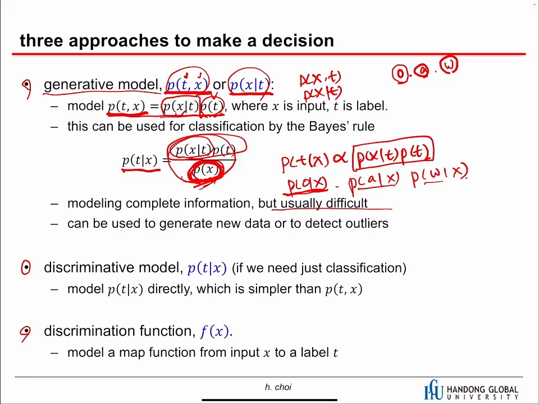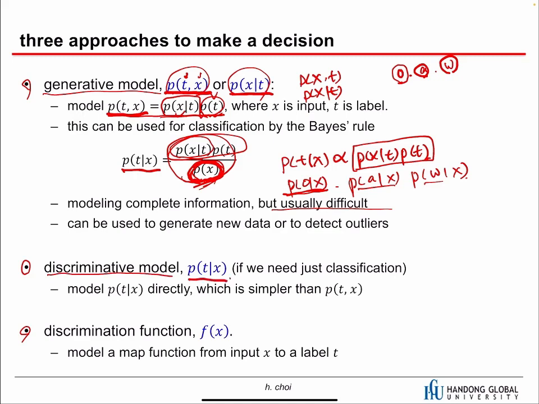And we can detect outliers based on these probability distributions. But this one is really complicated and hard to get. So instead of generative models, we can have a discriminative model, which is P of t given X.